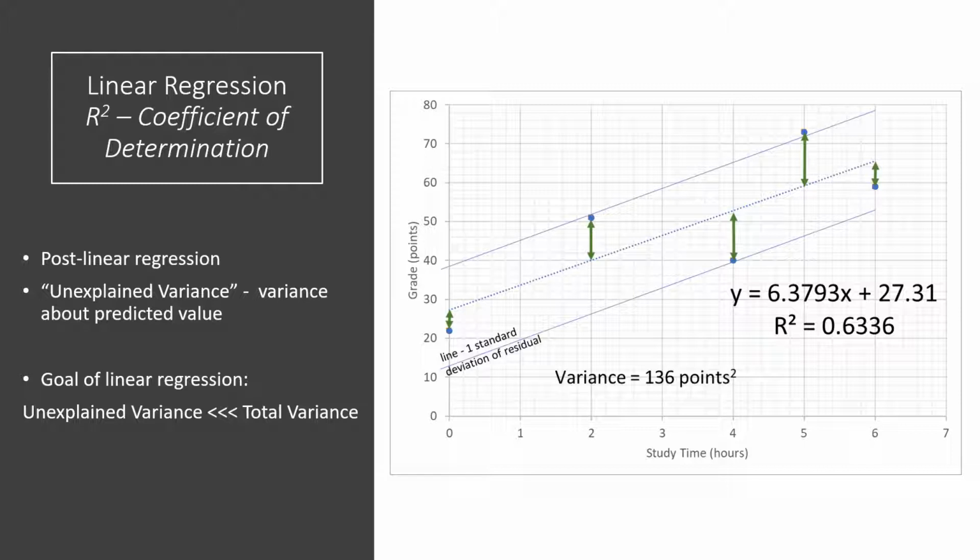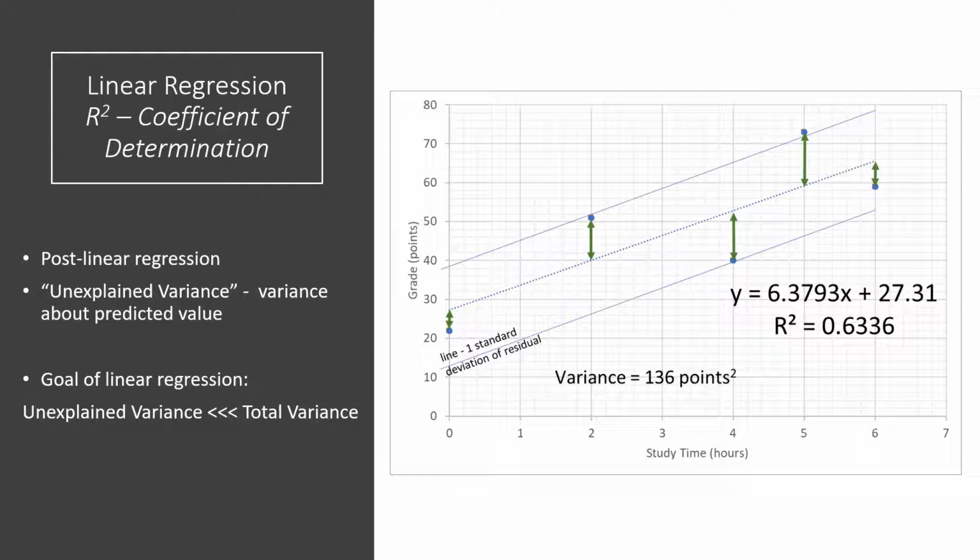So here it is, this blue dot is essentially my predicted value. And then the departures are these little green arrows. And if we find the variance of those values, in this case, the variance equals 136 points. And previously, the variance about the mean was in excess of, say, 300 something.